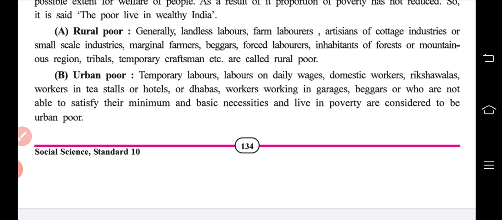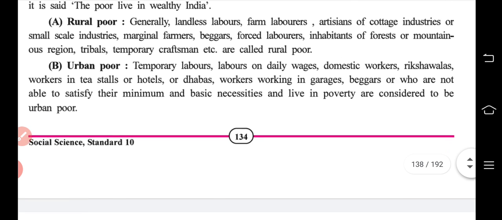That is why their condition is also not so good. Sometimes they become victims of many diseases because of not having nutritional food, and if medical service is required, they are not getting it. So their life is not good, for those who are living in a city area.